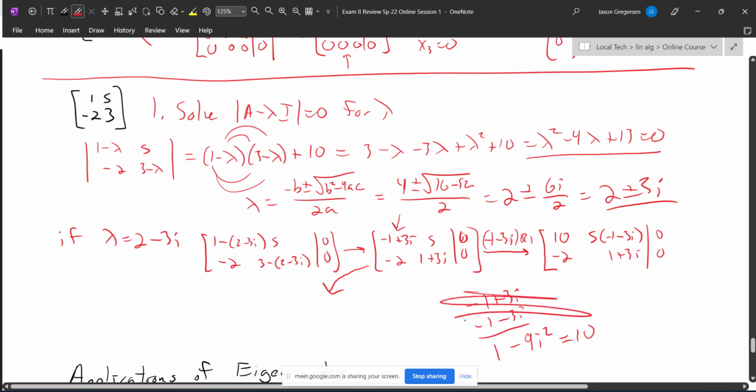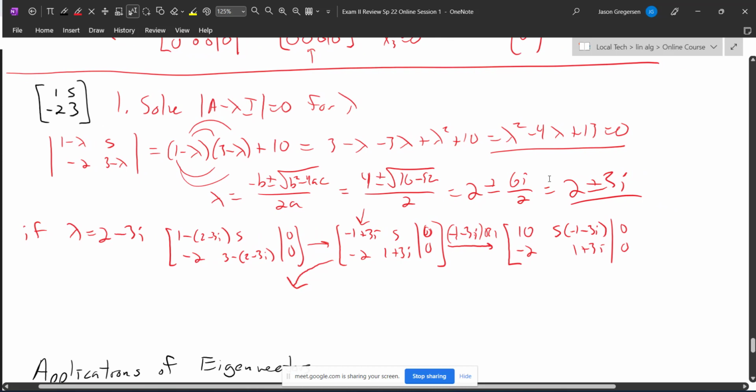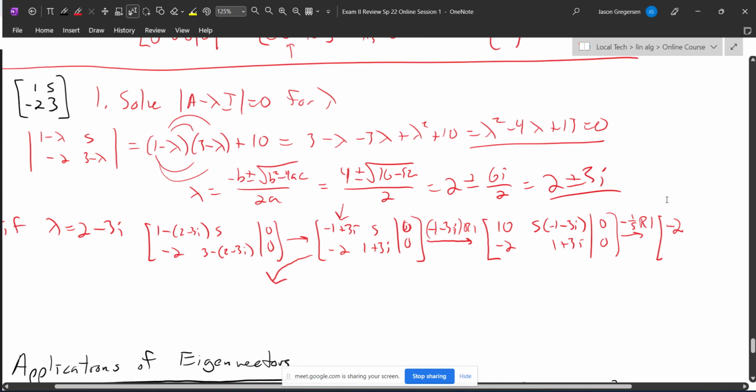All right. I'm going to do one more operation here, which is going to be slightly weird. I'm going to take negative 1/5 times row 1. And when I do that, I'm going to get negative 1 times this stuff, and I'll distribute that negative 1 to get 1 plus 3i augmented with 0.